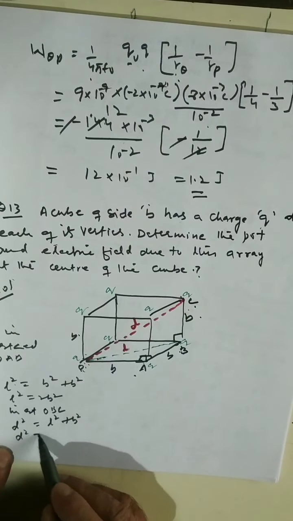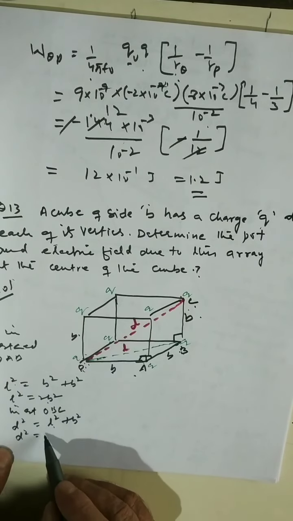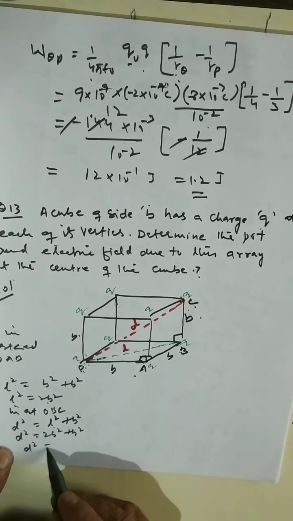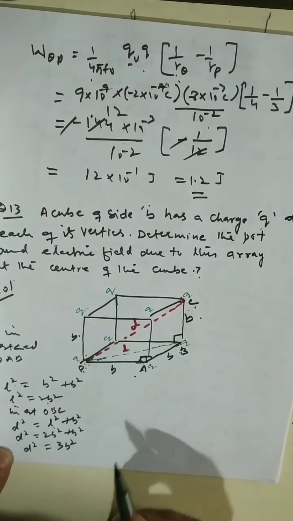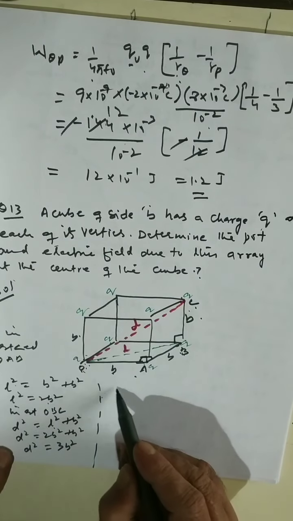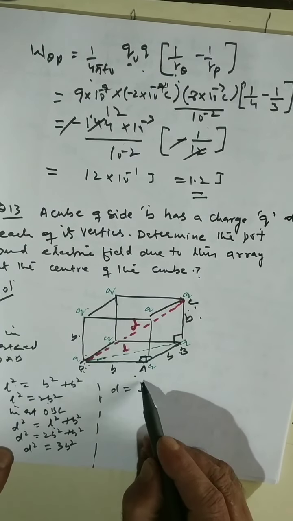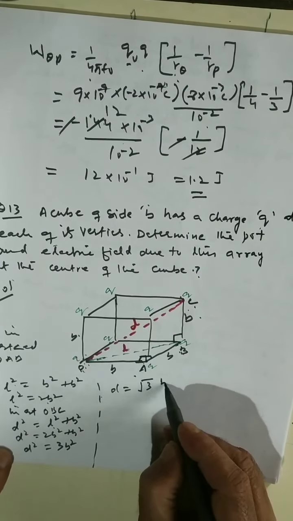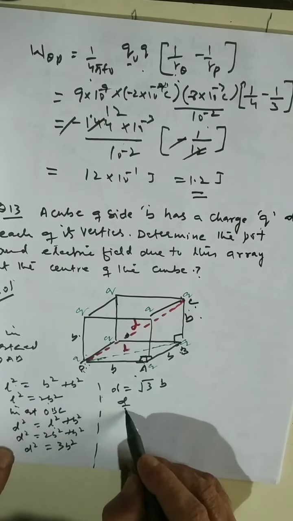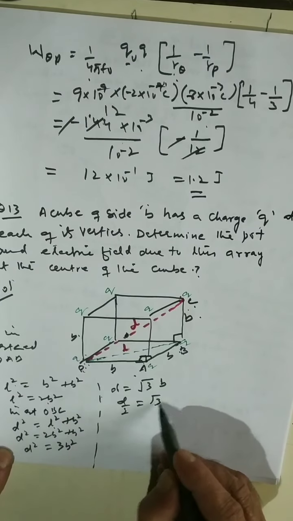D square will be equal to L square, we know it is 2B square, so 2B square plus B square, so D square will be 3B square, or D will be under root of 3B square. Therefore the center of the diagonal will be half of D, so D by 2 will be the center of it, that will be root 3 by 2 B.